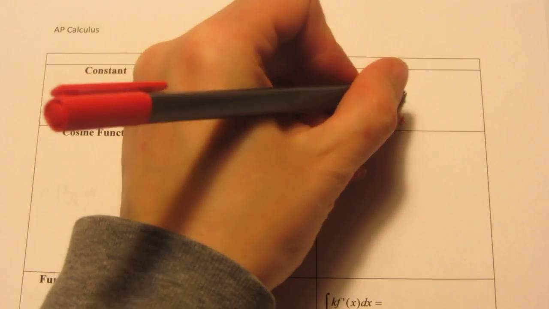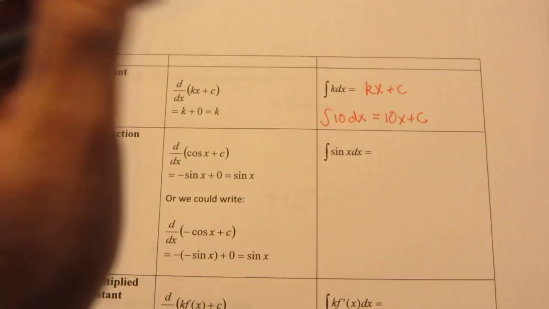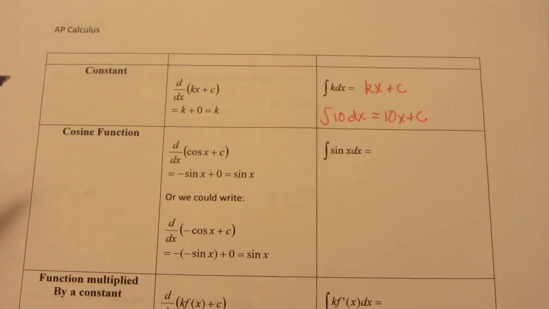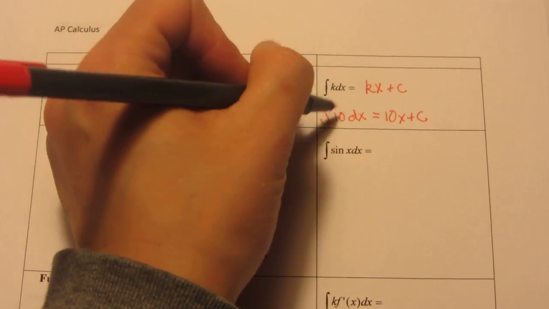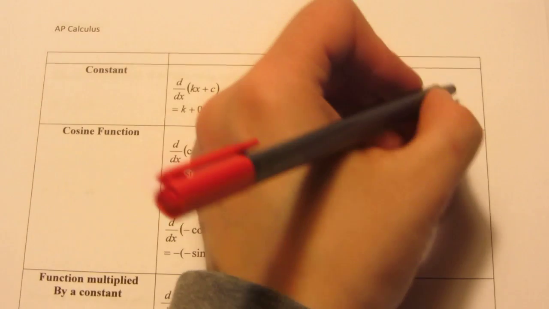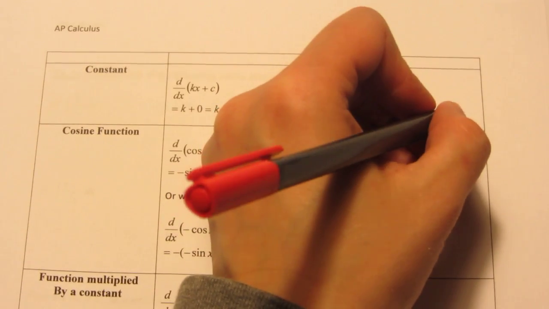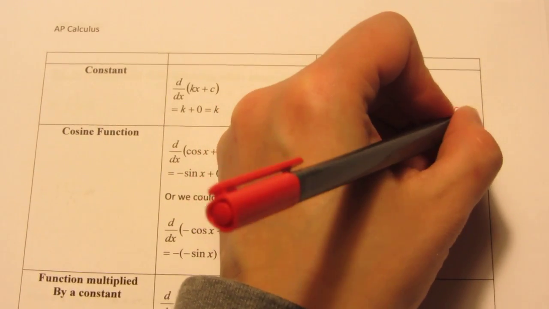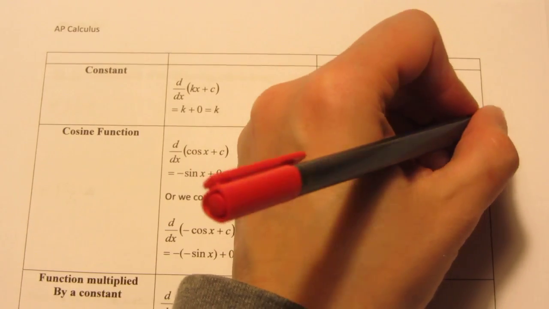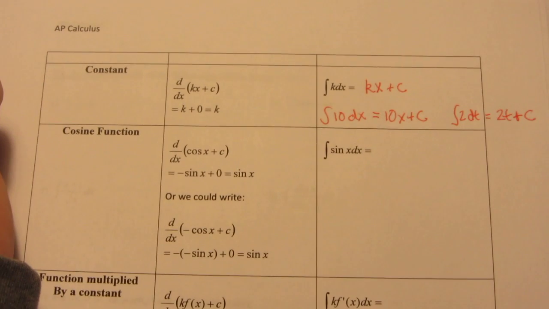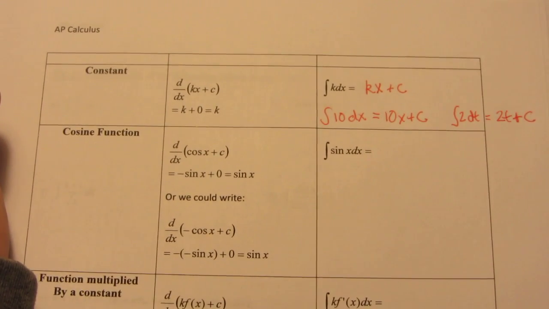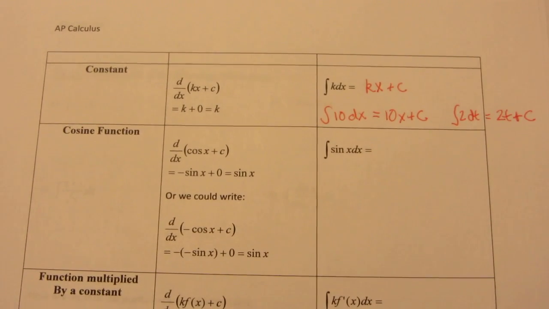Oh, I forgot the constant, plus c. That is the most common mistake on the AP exam, or one of the most common mistakes at the very least. So if I did something like 2 dt, then this would be 2t plus c instead. So just to prove to you how important that is.